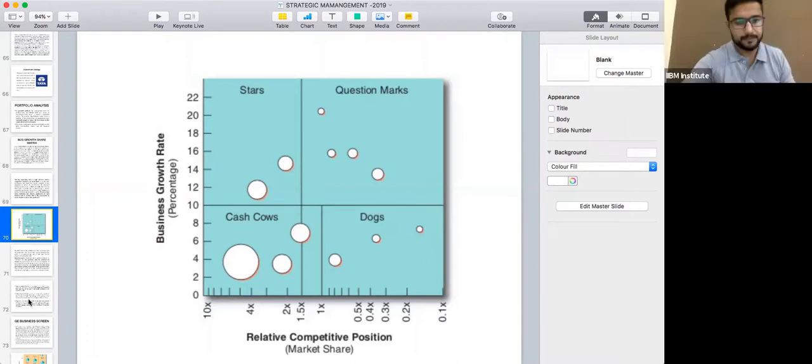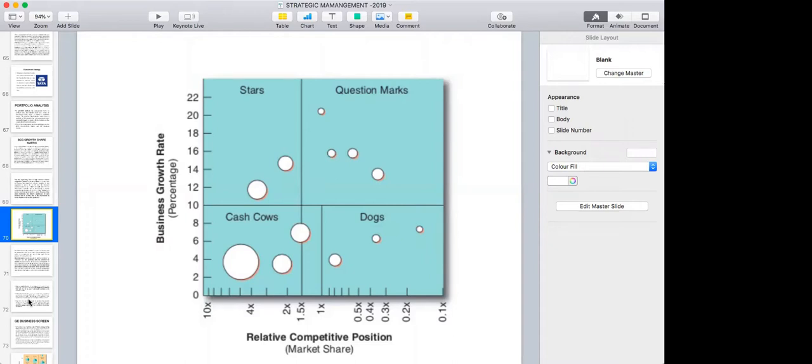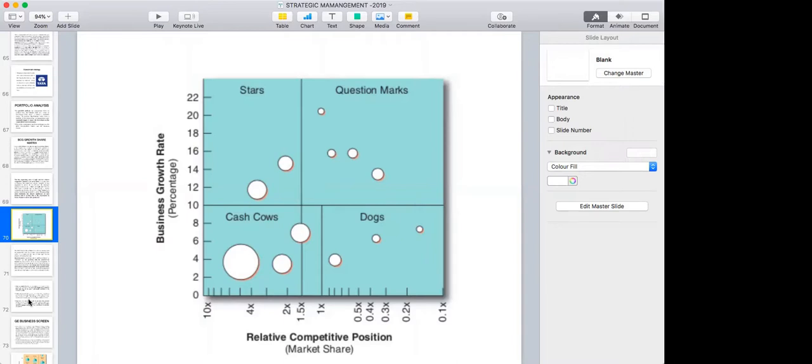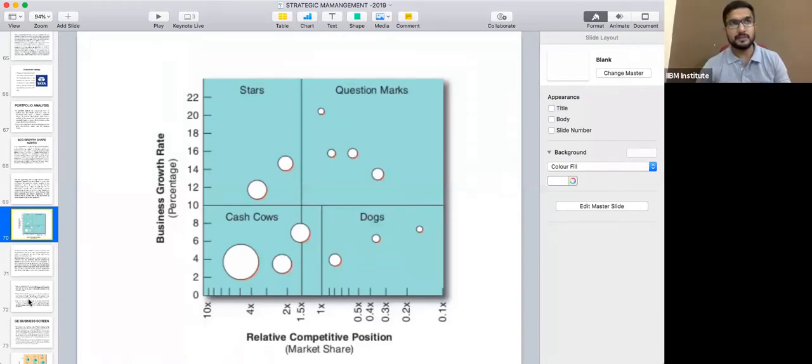To maintain their share, they need heavy investment. So their earnings will be higher. It keeps increasing, but the percentage of cash flow compared to the investment will remain the same.